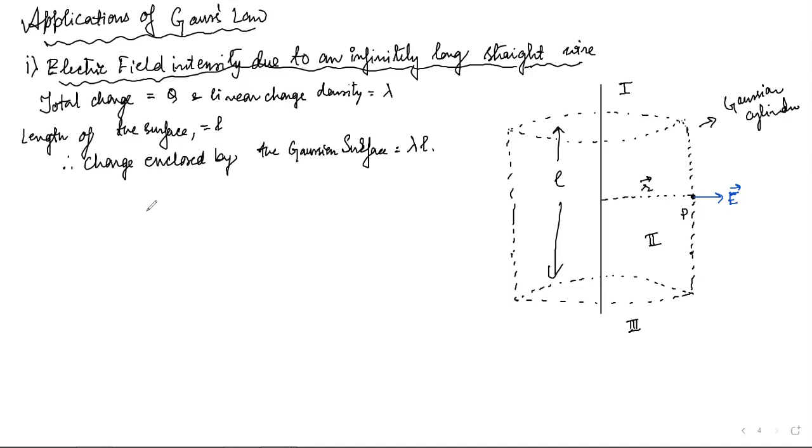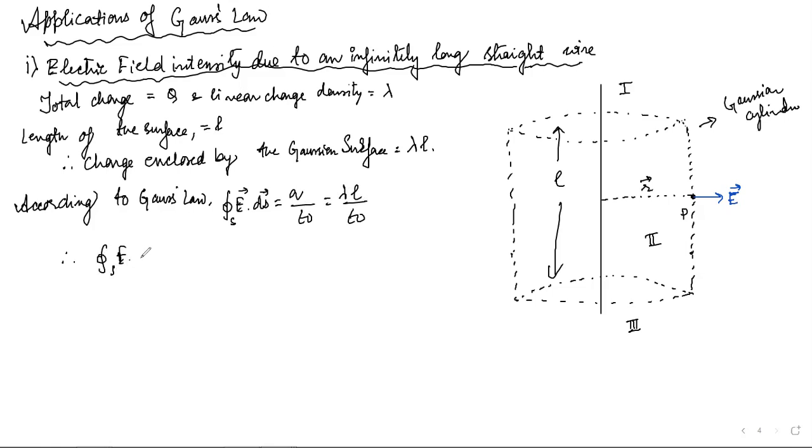If lambda L is the charge enclosed by the Gaussian surface, then according to Gauss law, closed integration over S of E dot ds equals Q by epsilon 0, which is equal to lambda L by epsilon 0. Let us write this as equation 1.